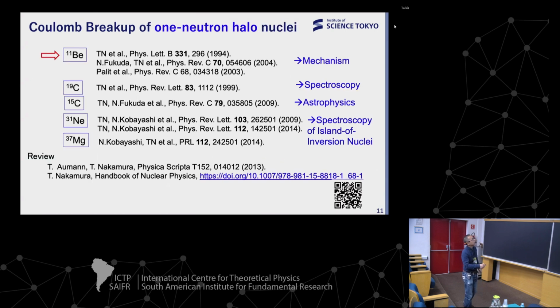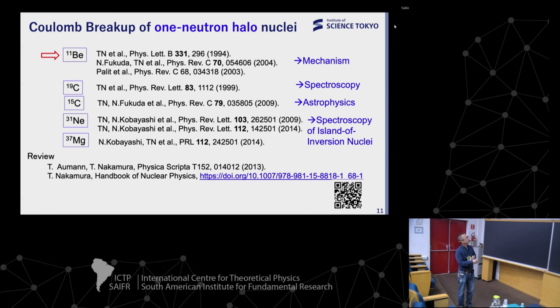So we started this measurement around 1994. Actually, this is my PhD thesis work. And after that, we had a second experiment in 2004 for beryllium-11. And then we could actually determine the mechanism of this soft E1 excitation.